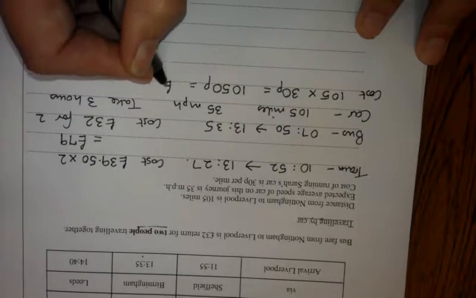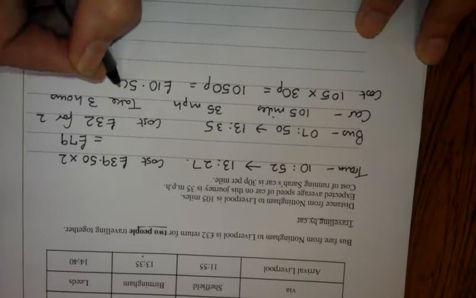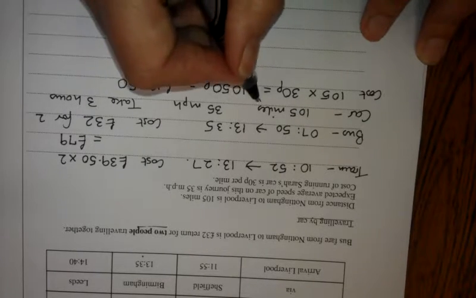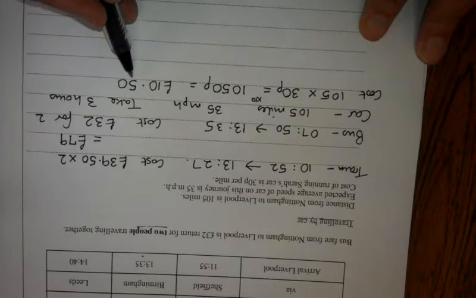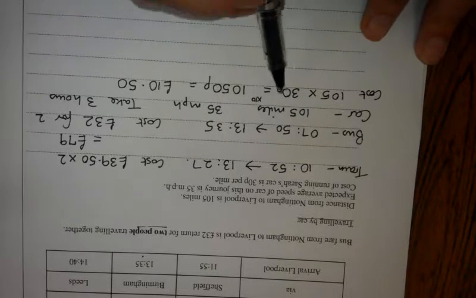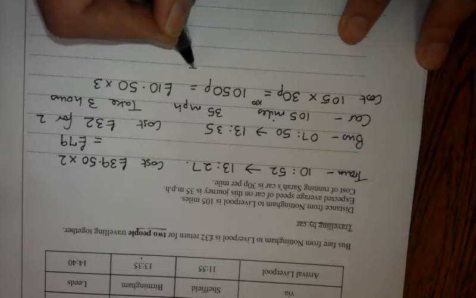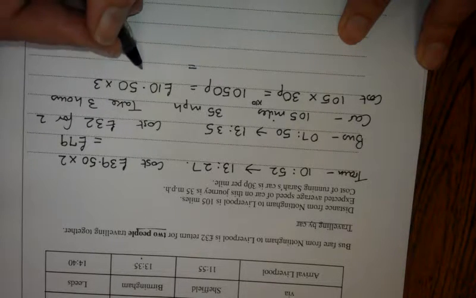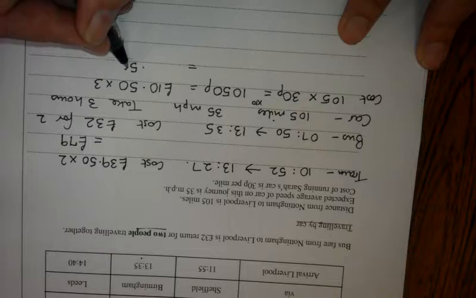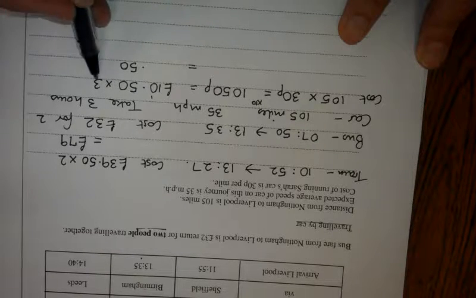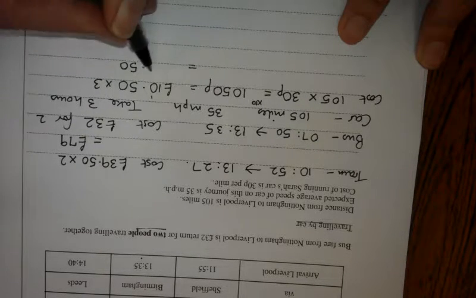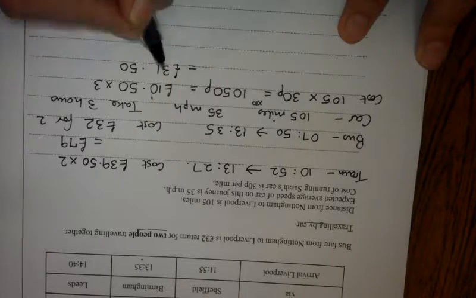So that would be £10.50 when I multiply by 10. Now I want to multiply by 30, so I'd multiply that by 3, and that's going to cost me 3 times 50 pence, or £1.50. Carry the 1 over. 3 times £10 is 30, and the 1, £31.50.